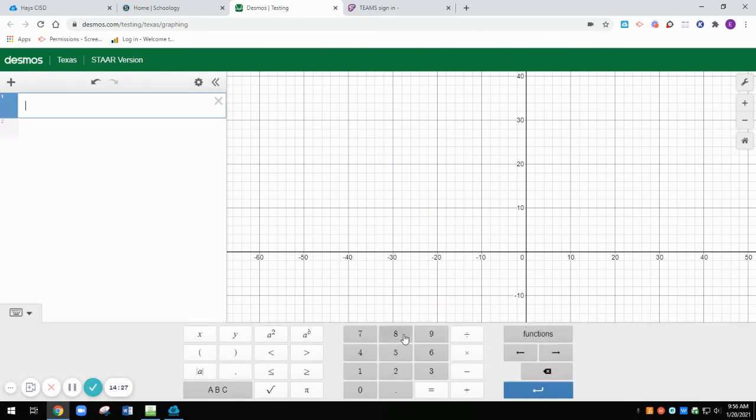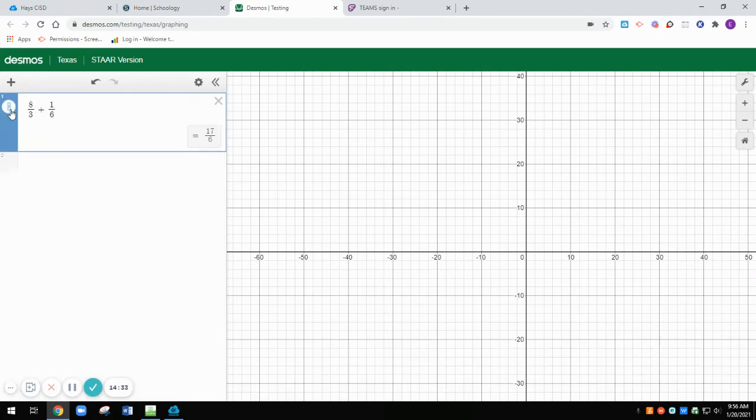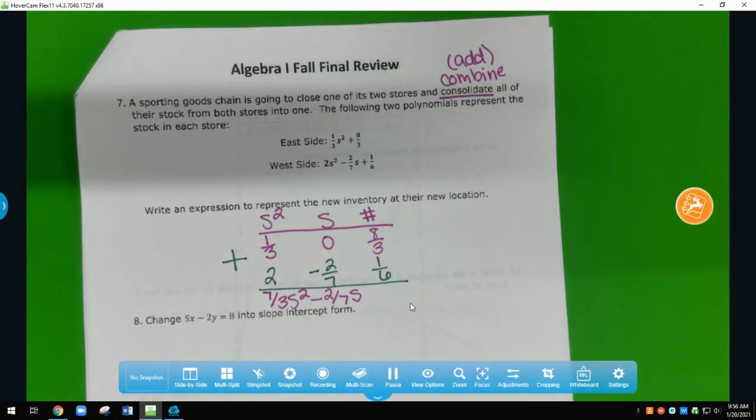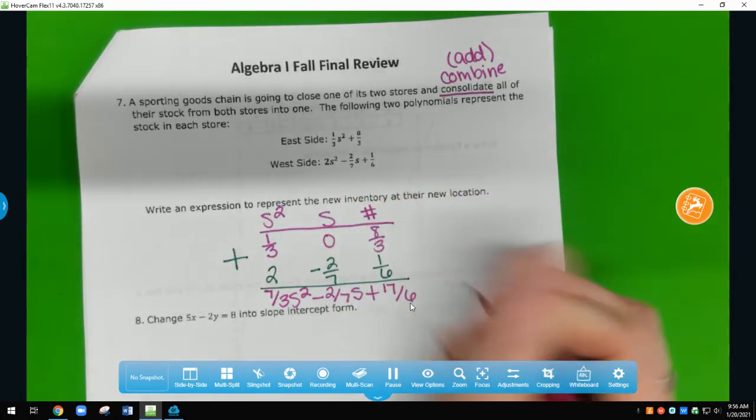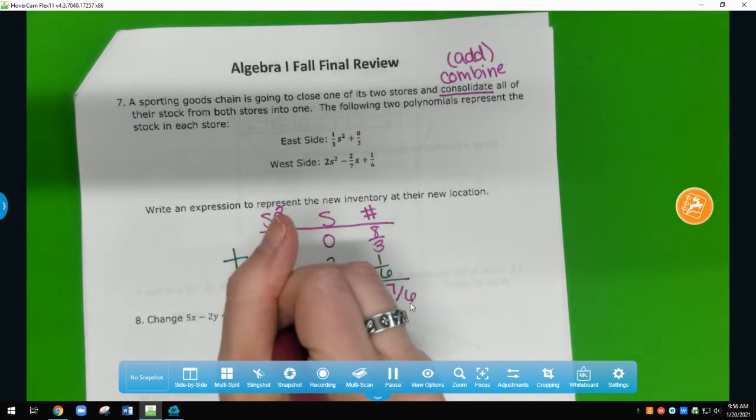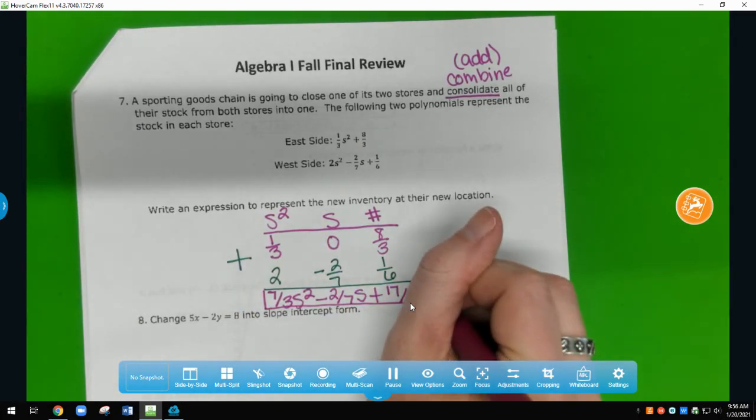So I'm going to have 8 divided by 3 plus 1 divided by 6. So that is positive 17/6. So I'm going to put plus 17/6. And that would be my answer.